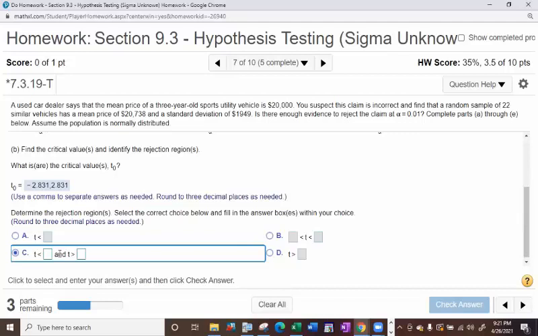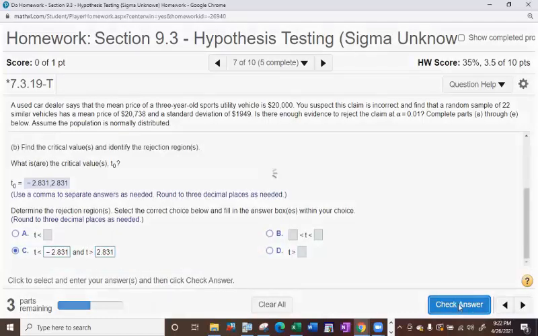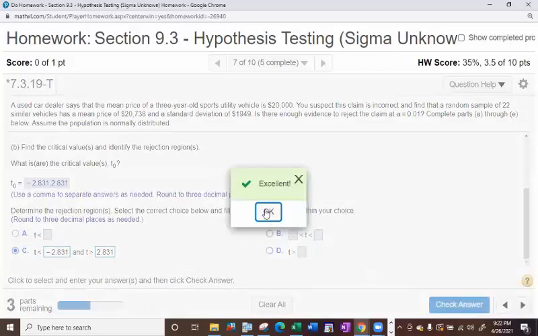The shape of it's right. You just change the word to or in there. I wish I could directly fix that. So it's t less than the negative or t greater than the positive. So it's right, but it's not right.